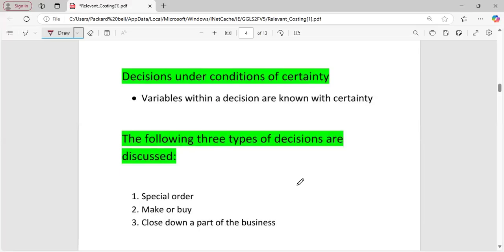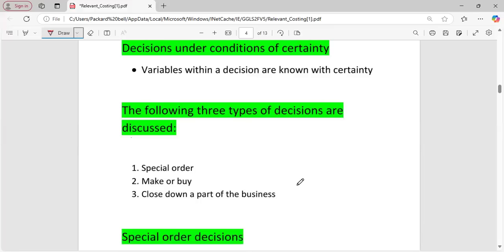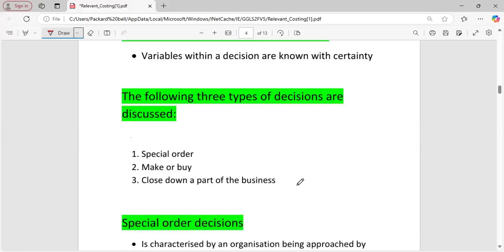Okay, so the following three types of decisions are discussed. In our questions for relevant costs, we are going to meet these three. It's either we need to accept a special order, make or buy, or close down a part of the business. It's more or less the same thing. You want to accept a special order. How do you accept a special order?